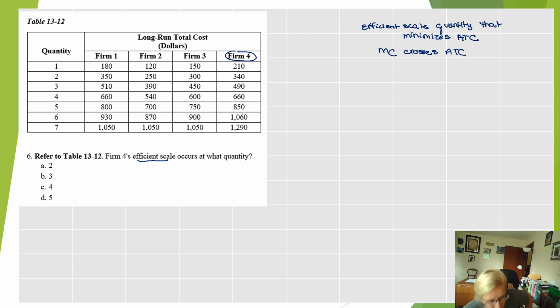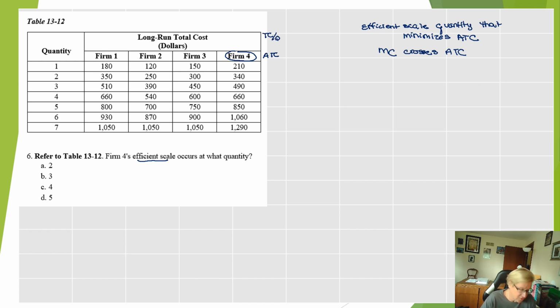Okay, so let's take a look and see what we know here. Because what we deal with in efficient scale is average total cost, the first thing I would do is calculate average total cost here. Remember, average total cost is just the total cost divided by the quantity.